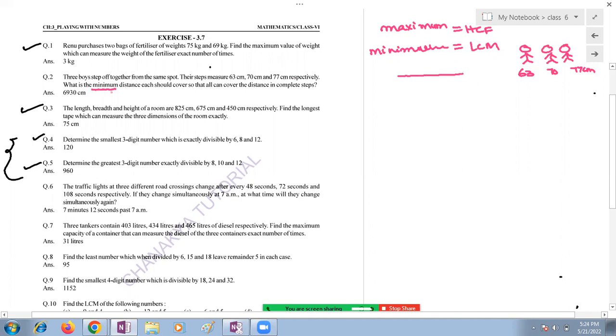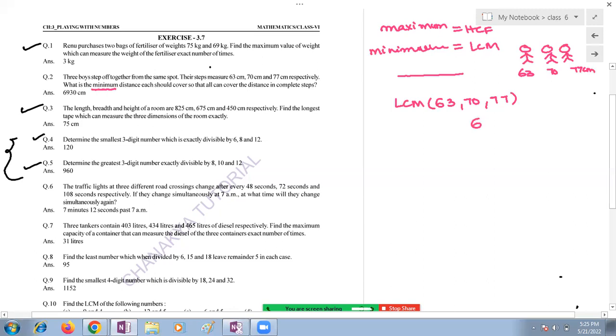What is the minimum distance each should cover so that all can cover the distance in complete steps? So we need to find the LCM in this case, children. LCM of 63, 70 and 77.